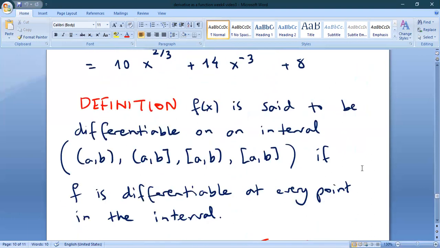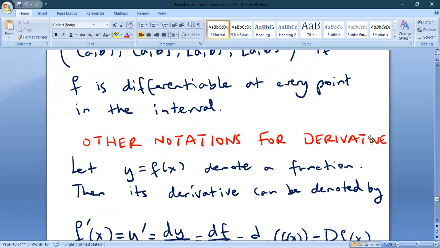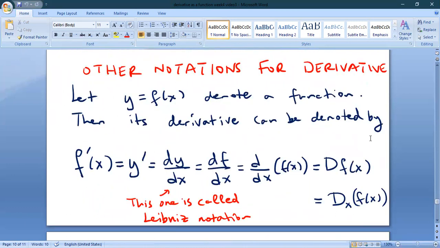Okay, here is a definition. We have said that f is said to be differentiable at a point if the limit definition exists. So f is said to be differentiable on an interval if f is differentiable at every point in the interval. Okay, and then there are other notations for derivative which will be used. Let's say we have a function y equals f of x, and its derivative can be denoted by either f prime of x or y prime or dy over dx, which is called Leibniz notation, the third one.